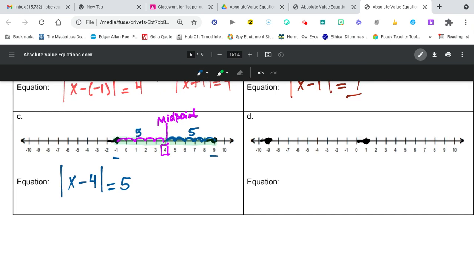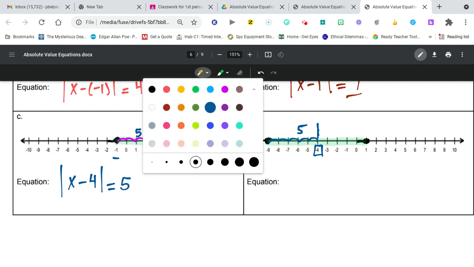Okay, let's take a look at D. 1, 2, 3, 4, 5, 6, 7, 8, 9, 10. So I'm going to count halfway. 1, 2, 3, 4, 5. I think I went way too far. 1, 2, 3, 4, 5. 5 units on that side of -4.